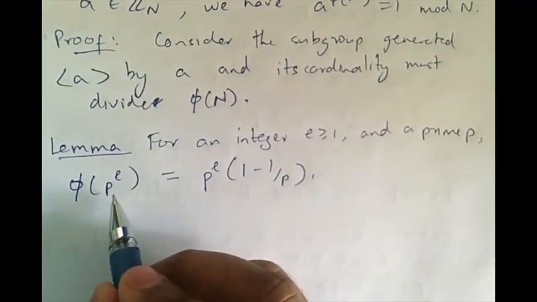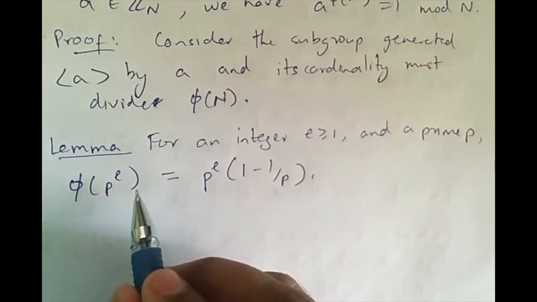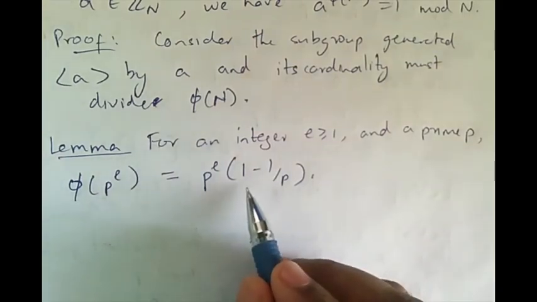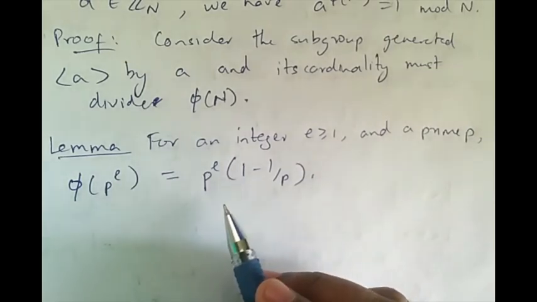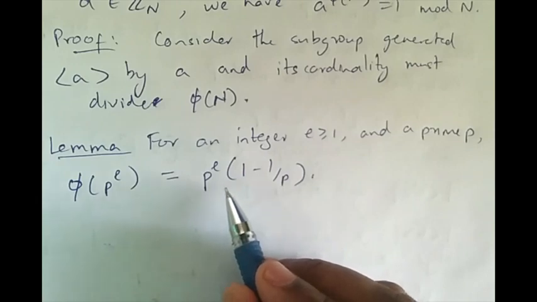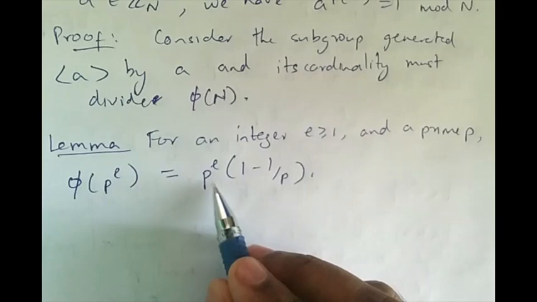So it's saying that you have a prime p, you raise it to some positive power, and then the value of the Euler phi function at that prime power is going to be p to the e times 1 minus 1 by p.